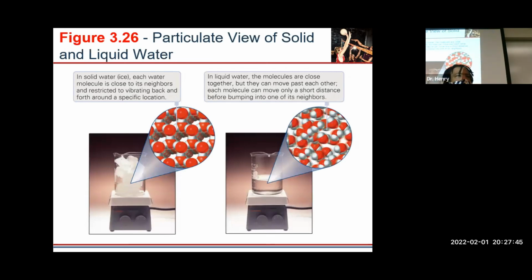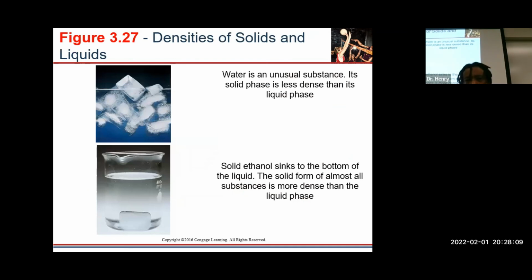So what happens if we take ice and put it in water? That's true, it melts, but before it melts, it floats. Why does it float? Because the density of ice is less than water. So if we put ice in water, it floats on the top. Now, if I take ethanol and freeze it completely, it doesn't float.